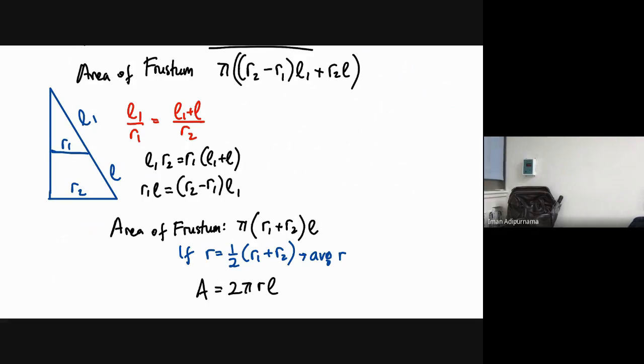So exchanging all of this from the frustum, we get that the frustum becomes pi times R1 plus R2 multiplied by L. And if we let R1 and R2 become the average radius, we can simplify the formula to 2 pi RL. And this is the formula that we want to approach in most cases.